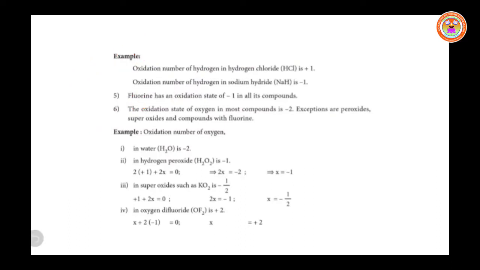For a metal hydride, let us consider sodium hydride. The formula of sodium hydride is NaH. Here we substitute the oxidation number of sodium to calculate the oxidation number of hydrogen. There is only one sodium, and the oxidation number of sodium is plus 1.